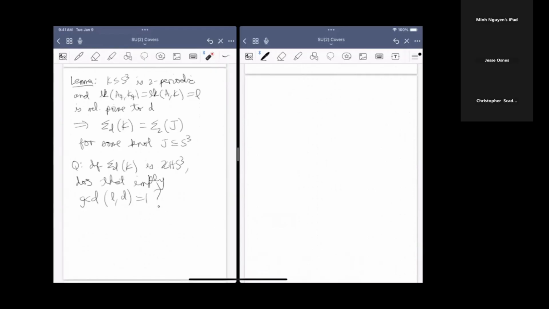Okay, so what's the proof of the lemma? This is actually very simple. It's the fact that, like the manifold that I started with, I have a two-component knot in S3, and then I have this quotient map that gives me, again, a two-component link in S3.